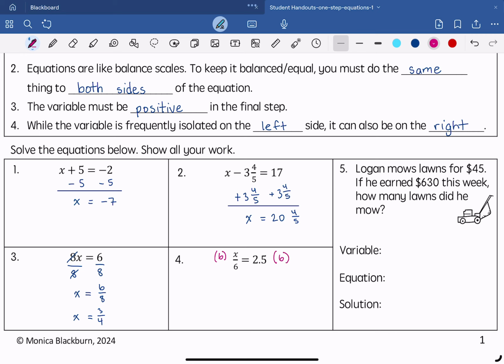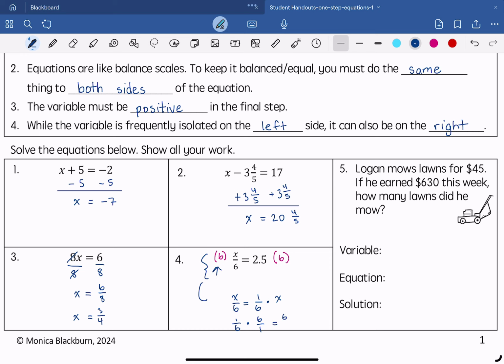Another way to look at this is to view x over 6 as equal to 1 over 6 multiplied by x. To turn 1 over 6 into just 1, to eliminate that coefficient, I multiply 1 over 6 times 6 over 1, which is the 6.